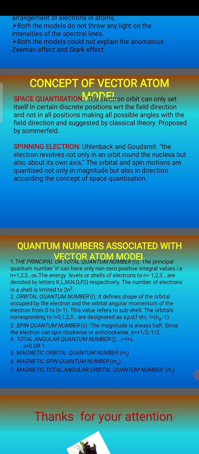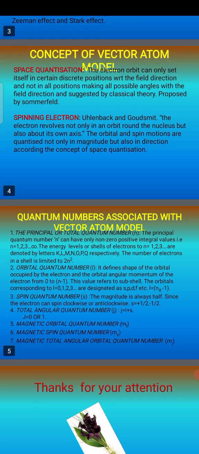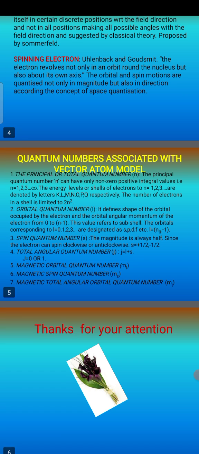The orbitals corresponding to l equals 0, 1, 2, 3 and so on are designated by the small letters s, p, d, f, etc. The orbital quantum number l is similar to the azimuthal quantum number n phi of the Sommerfeld theory. The two are related by l equals n phi minus 1.